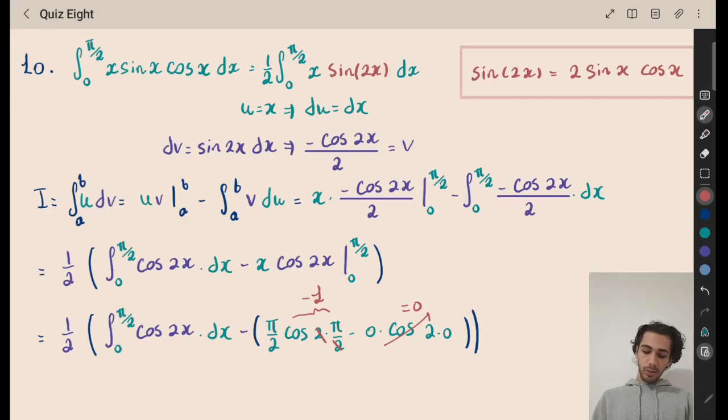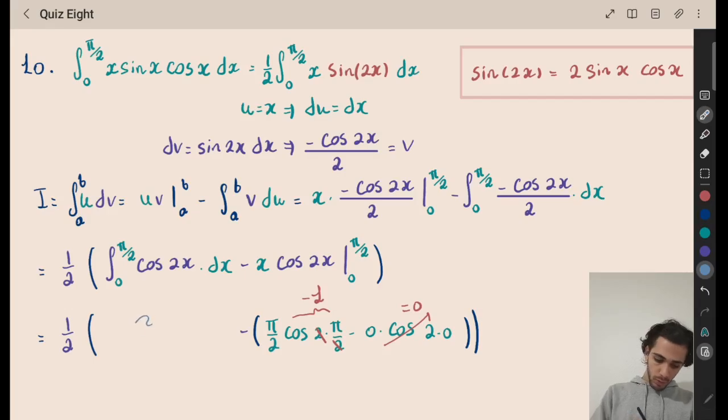And this whole thing is 0, so we can simplify it in a moment. Maybe we can also integrate this thing. So the derivative of what is cosine of 2x? Is a good question to ask. And the answer to that is... use blue.